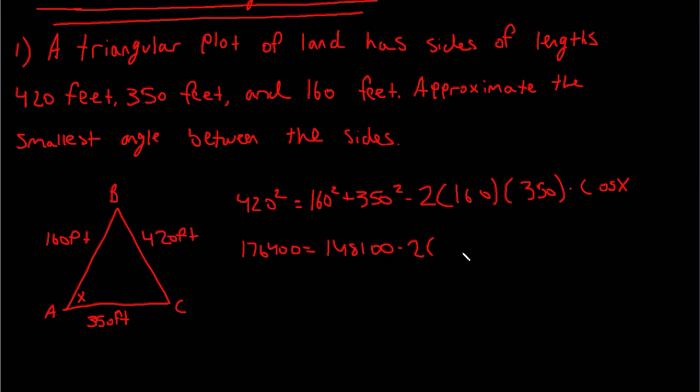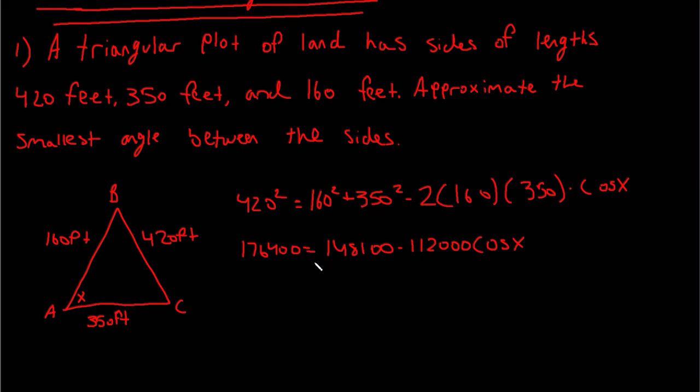That is going to get us negative 112,000 times, of course, the cosine of x.